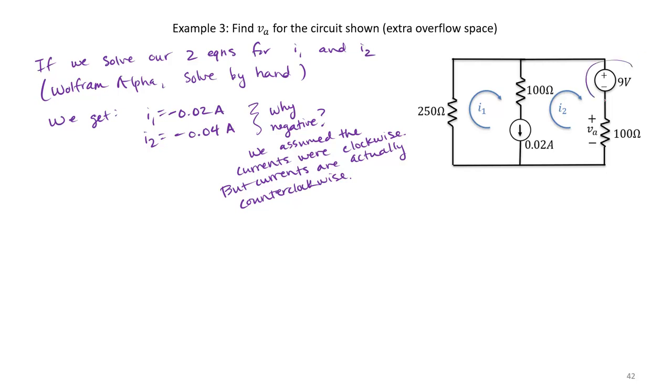Probably that 9-volt source produces a lot of current entering from the top, and it could very well be that because of that 9-volt source, the current actually flows the other way. So if you see a negative result, don't panic. That just means that the direction you assumed the current to flow was opposite of the actual direction.